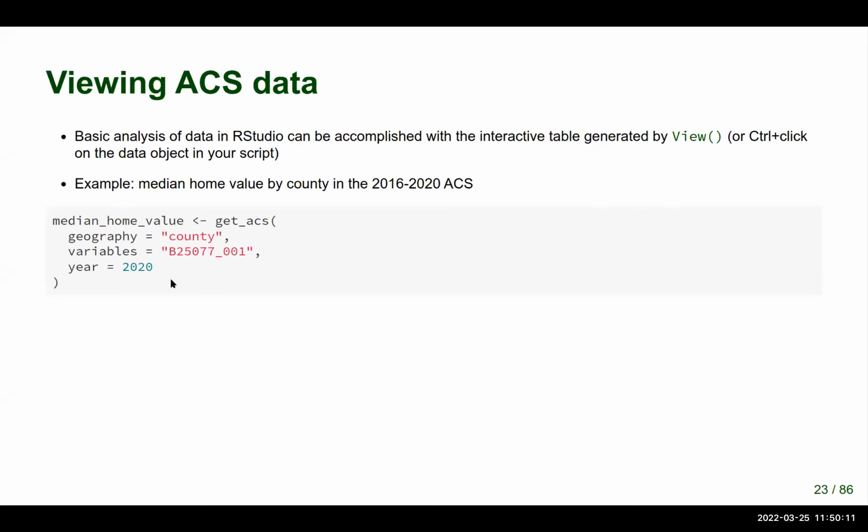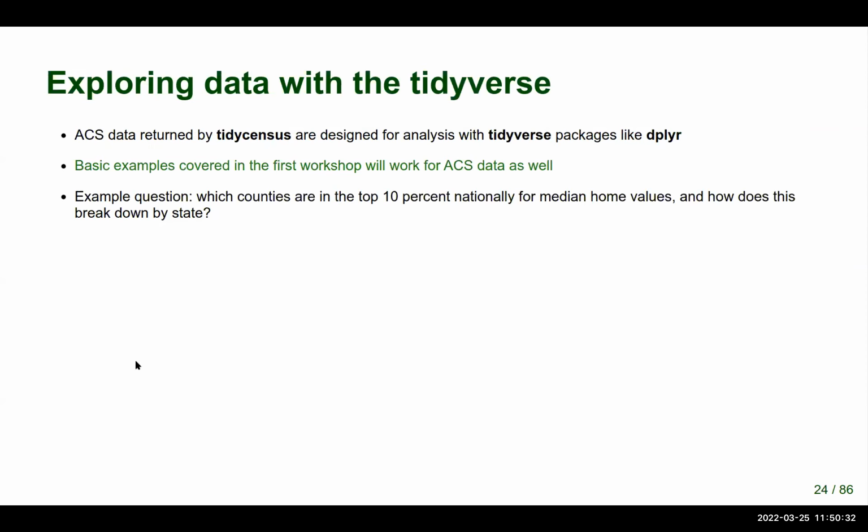And so we're going to grab a data set for all counties in the United States of median home value in the 2016 to 2020 ACS. Your variable that you're going to use here, which you could have searched for in that variables table, is B25077_001. So let's go ahead and pull that information down.